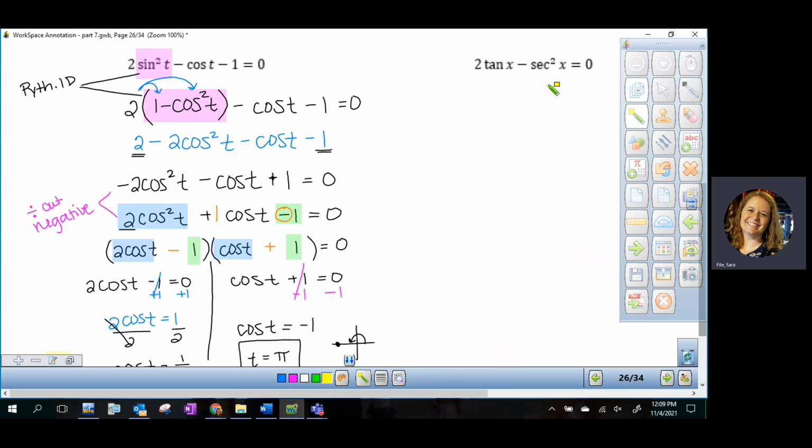Or if you can't factor it, there's no way to factor it right now, see if you can think of identities you could use to make some substitutions like we did over here. Okay. Is there an identity that puts tangent and secant together?